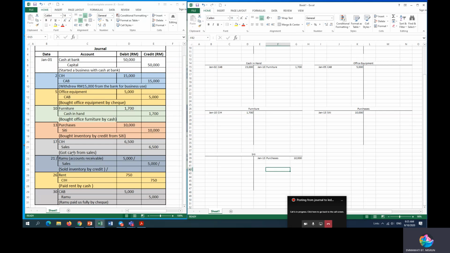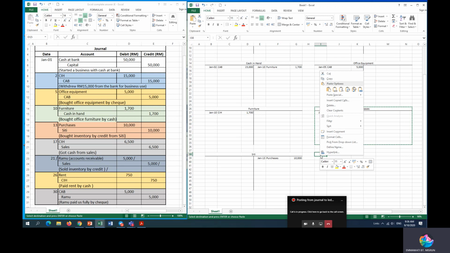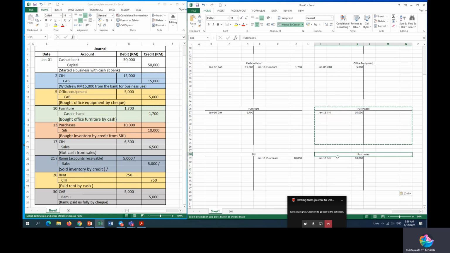Okay, next we have entries with cash in hand and sales. So far we don't have any sales account open. So we are going to have a new account for sales. I will rename it to sales.